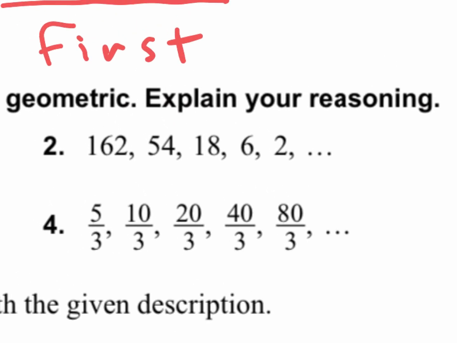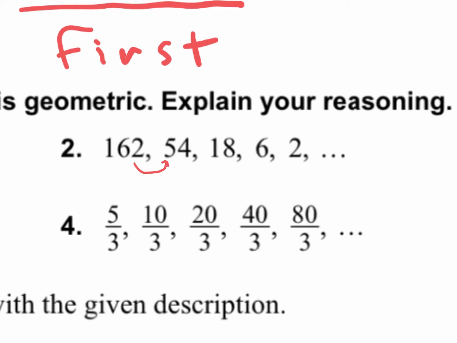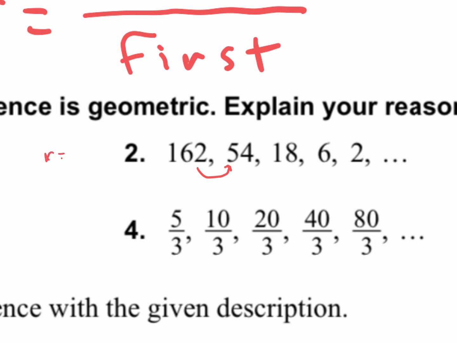Are we multiplying by anything to get from 162 to 54? Remember, to find r, whatever you're multiplying, just divide the second one by the first. So 54 divided by 162 is 1/3. So we're multiplying by 1/3.